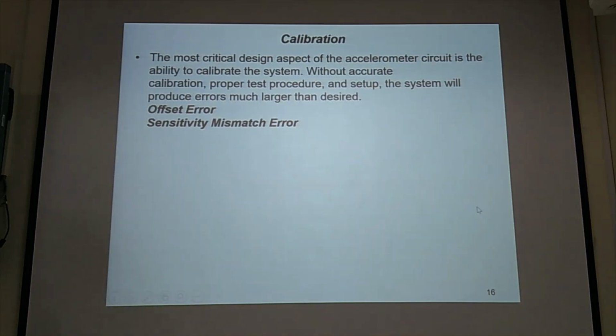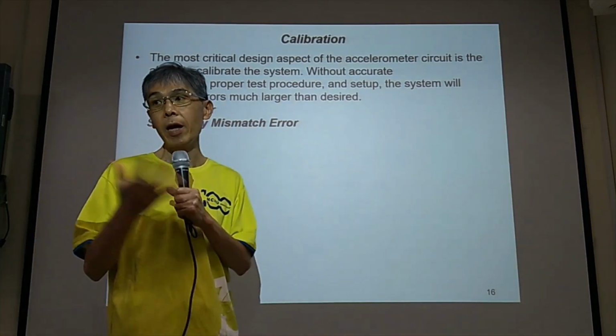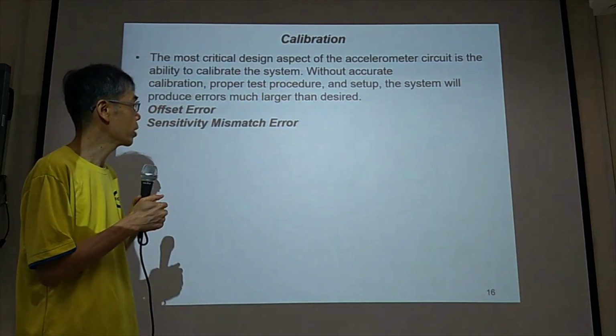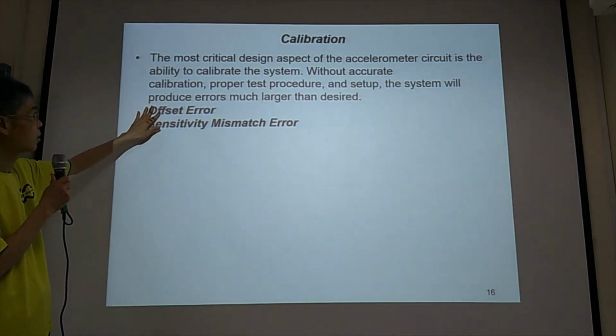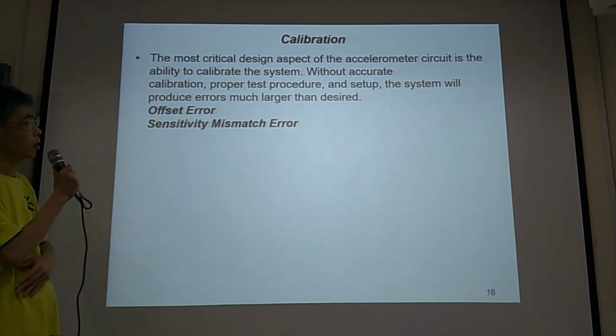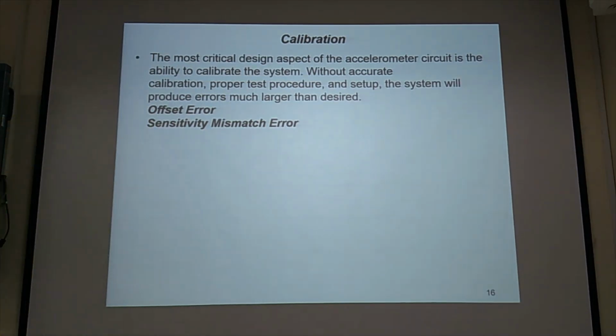Okay, but there's always an error in our measurement. The error could be offset error or sensitivity mismatch error. Like what we said, sensitivity is not exactly 1000 millivolts per G; we have some variations. And we have the offset because in any system we have input bias current, and we have mismatch in the input resistance.